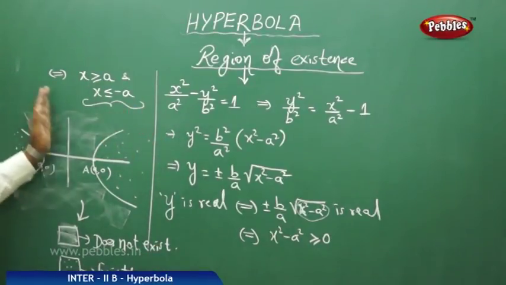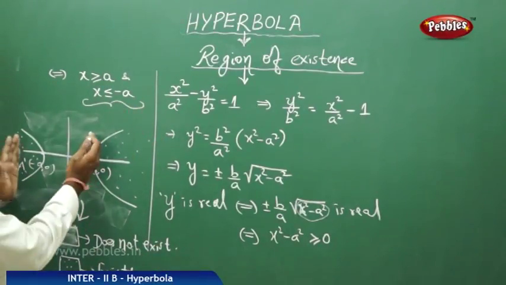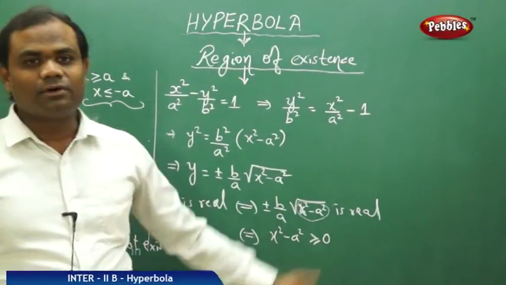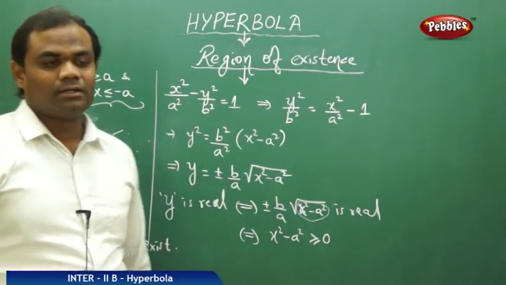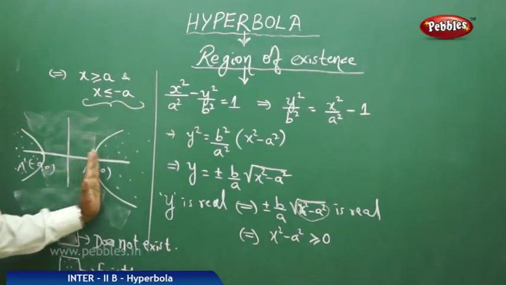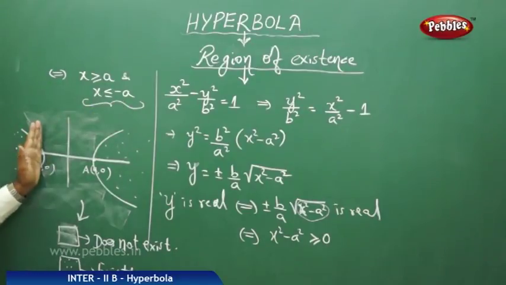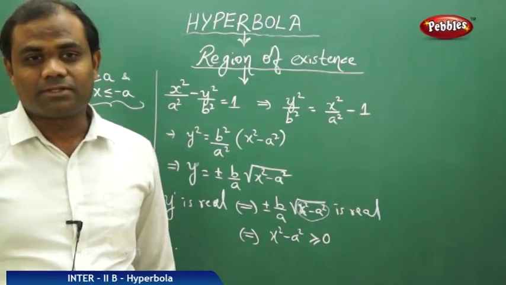So this is the region where the hyperbola does not exist. This is the region where the hyperbola exists. This is how we identify the relation connected with the region of existence of the hyperbola. x greater than or equal to a, and x less than or equal to minus a, is the region of existence of the hyperbola.